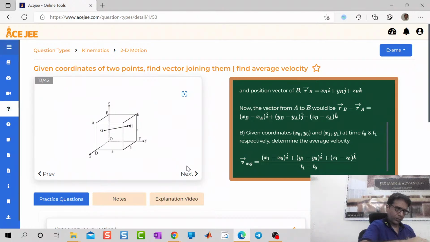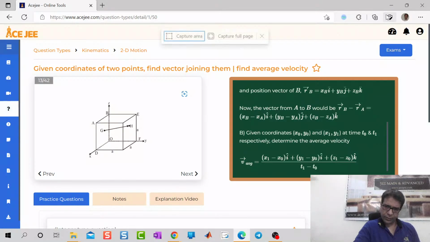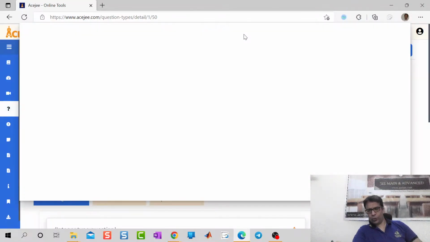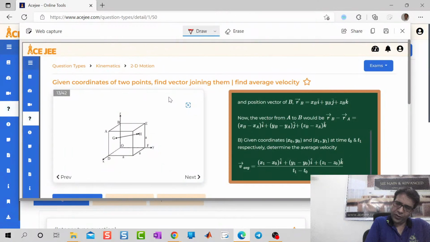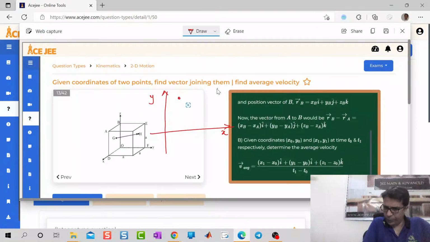In the very first one, what do we have here? We have a particle that is moving in two dimensions, and let's say it moves from some initial position. Let's say this is your X and this is Y. So it moves from some initial position to some final position.